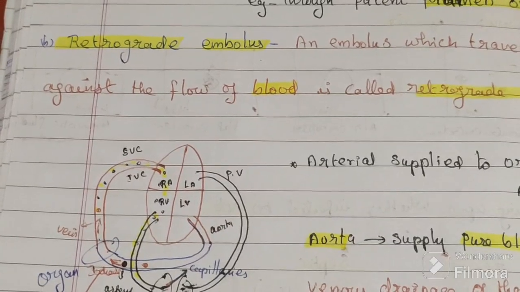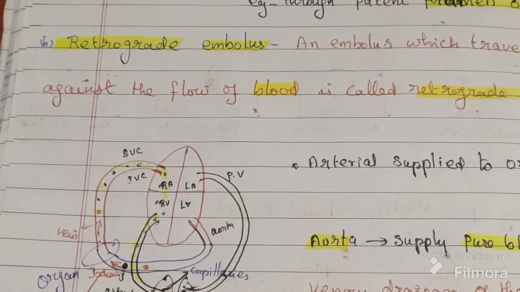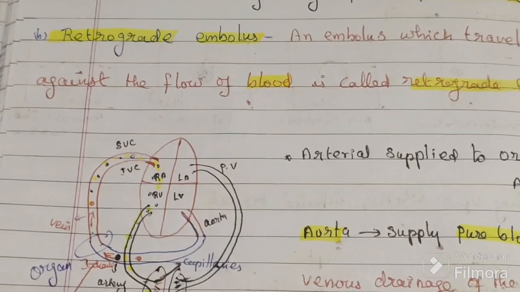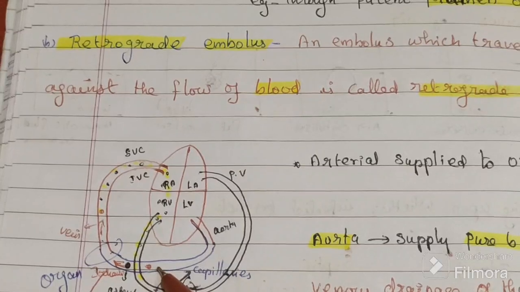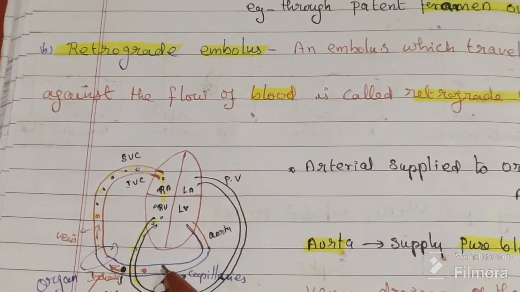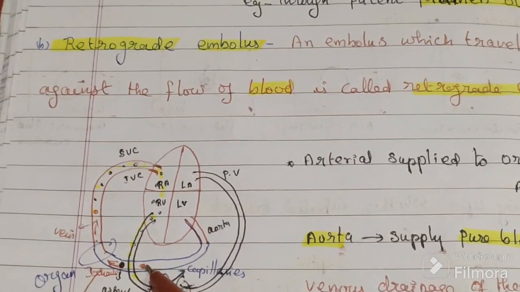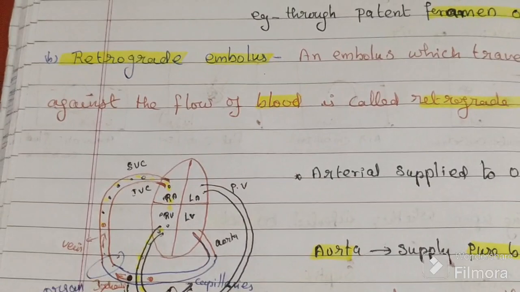Impure blood is carried by the vein. See here, this one is the embolus. The embolus can be present in an artery or it can be present in a vein.